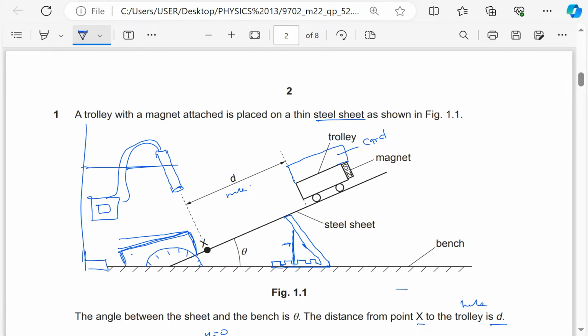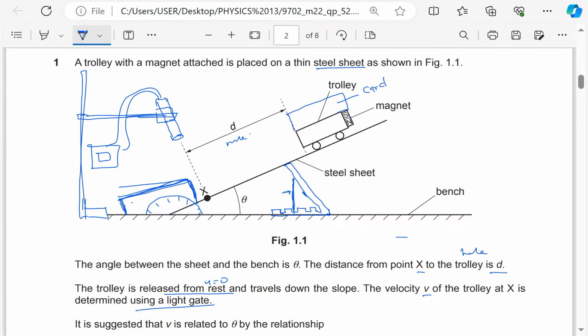This is a clamp, this is a stand, which has a clamp which is going to hold the light gate. So I'll need the bench, the timer, the protractor. I'll need a block. This is for safety, so that when the trolley passes point X, it doesn't cause any harm on the other side. Okay, I think that is all I would need for this experiment.